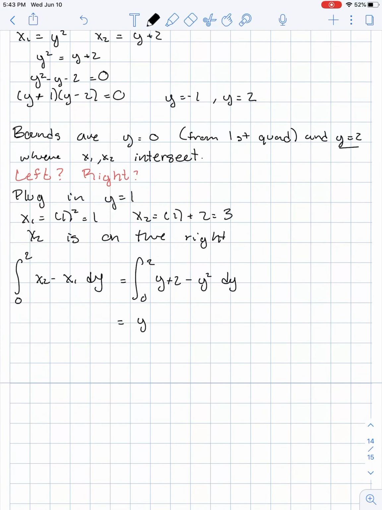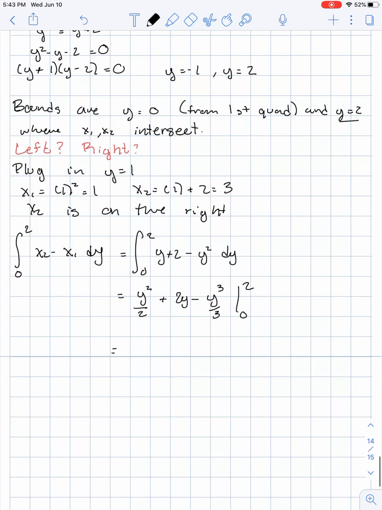All right, and we can integrate, so that's going to be y squared over 2 plus 2y minus y cubed over 3, evaluated from 0 to 2.